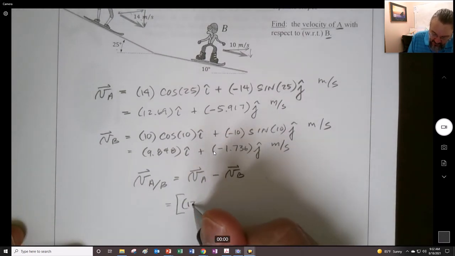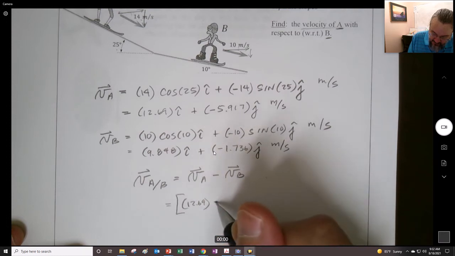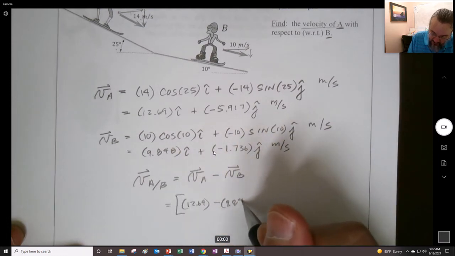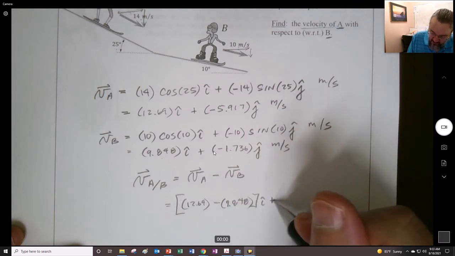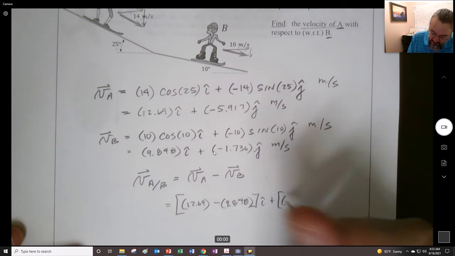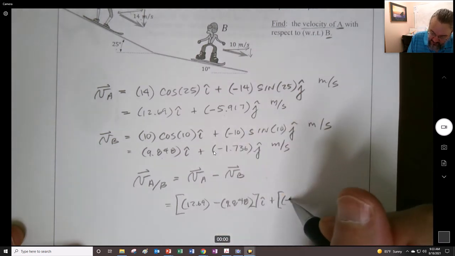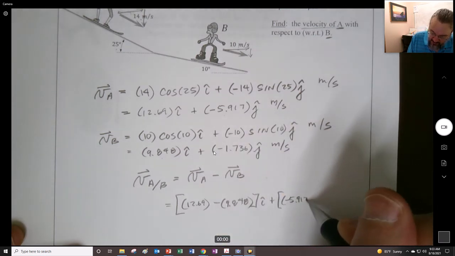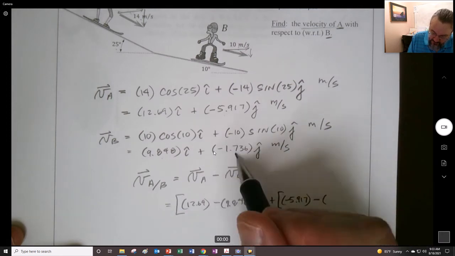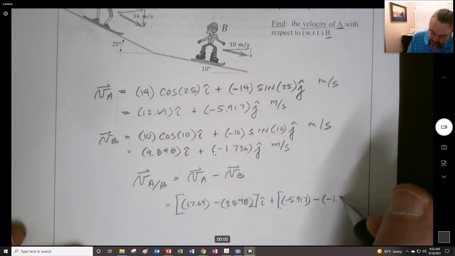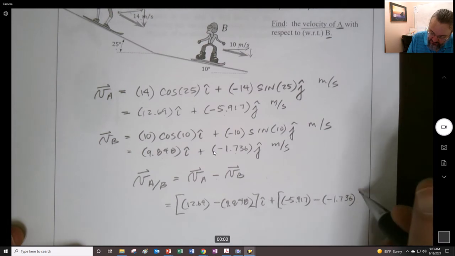We take 12.69, subtract out 9.848 i, plus negative 5.917 minus 1.736 j.